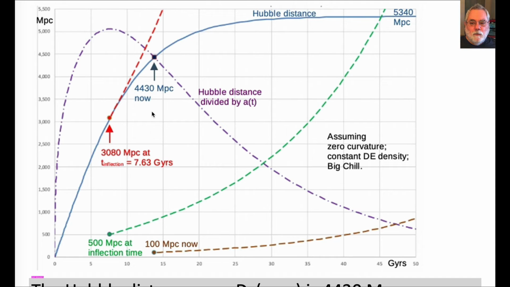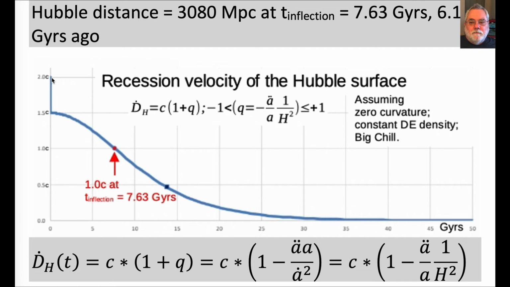Distant galaxies are moving away from us, but the Hubble distance is also increasing with time. We need some math to understand how this works. After cosmic inflation, early in the universe, expansion was strongly decelerating, dominated by radiation.